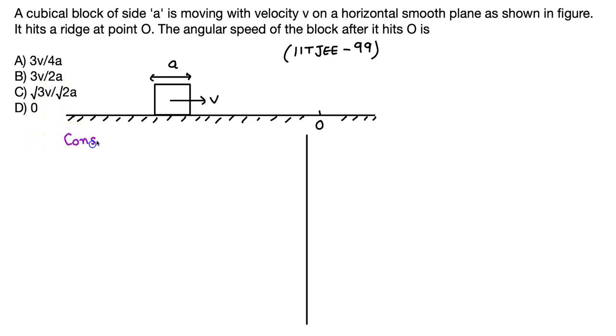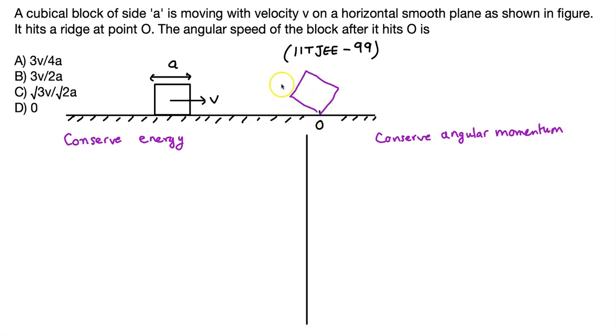So the first thing we want to do is to conserve energy. So that should give us an equation. And we also want to conserve angular momentum. And when I say conserve, I mean, intuitively we know that the block is going to hit the point O and then topple over.